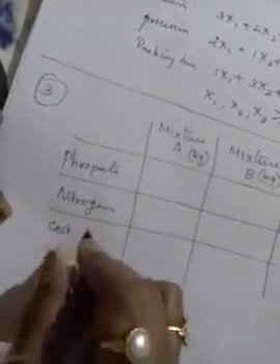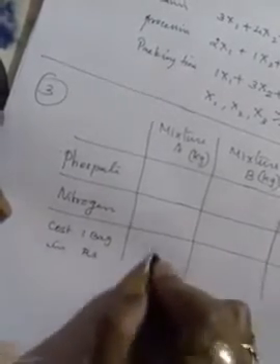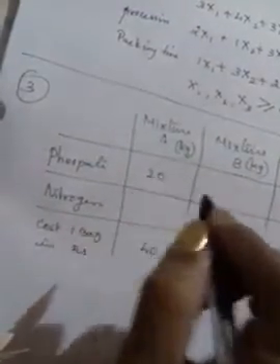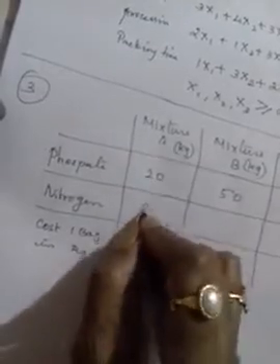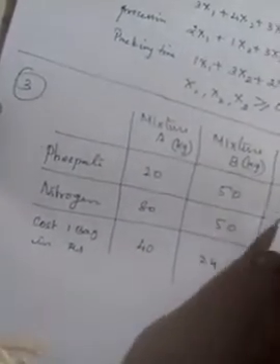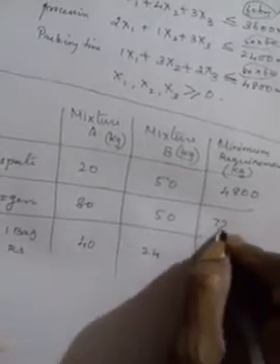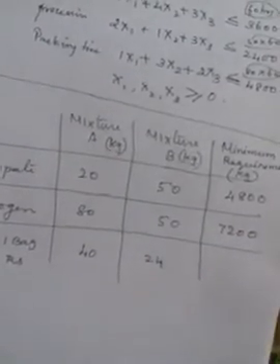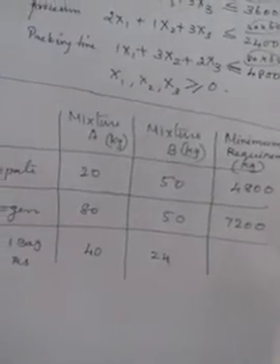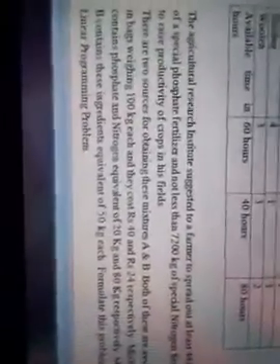And they gave the cost of one bag in terms of rupees: 40 rupees for mixture A, and 24 rupees for mixture B. And here it is given phosphate is 20 and 50, nitrogen 80 and 50. The minimum availability is 4800 and 7200. Once again I will show you the problem. See why we took the minimum requirement.